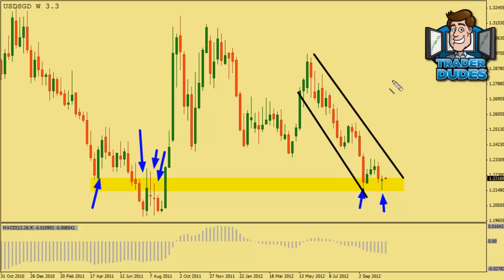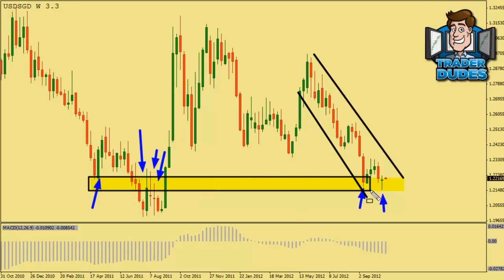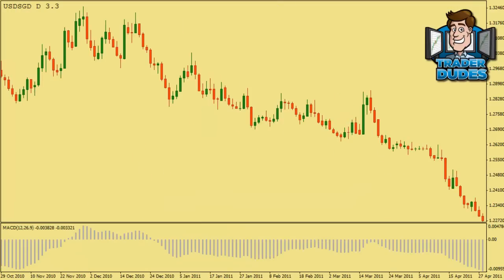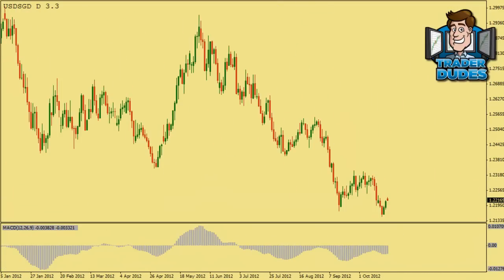Now, at a glance, you could see it two ways. You could see it as, yes, we're on top of this previously pretty decent support resistance level, but the other way is that we really are in what could be seen as, especially if we look on the daily chart, a fairly strong downtrend.